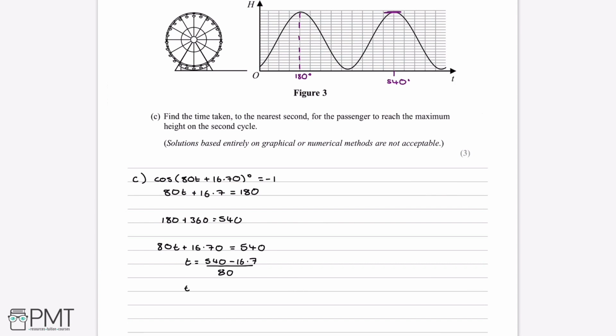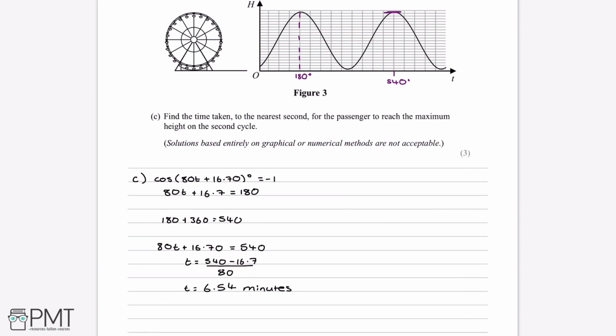And if we put that into our calculator, we get 6.54, but that's 6.54 minutes. Because there are only 60 seconds in a minute and not 100, 6.54 minutes doesn't mean 6 minutes and 54 seconds.